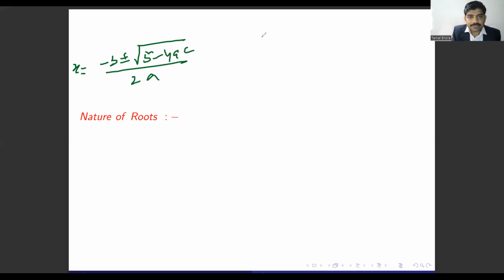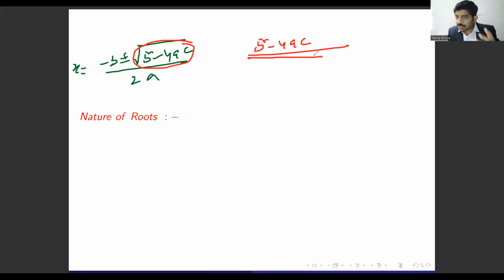Here this part, b square minus 4ac, this is called the discriminant. By some conditions on this b square minus 4ac, I can tell what type of roots are there.